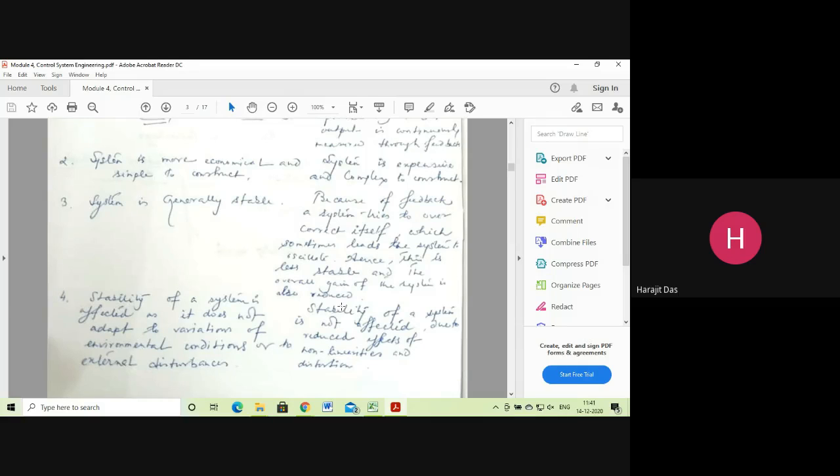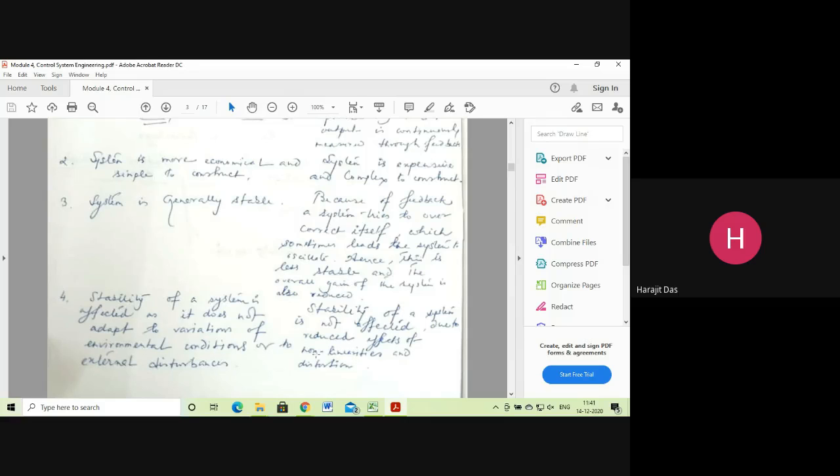Again it will give the signals back to the comparator, the comparator to the controller, and the controller to the processing unit, and then again it will adjust. So overall, the stability of the system is not that much affected due to the non-linearities.